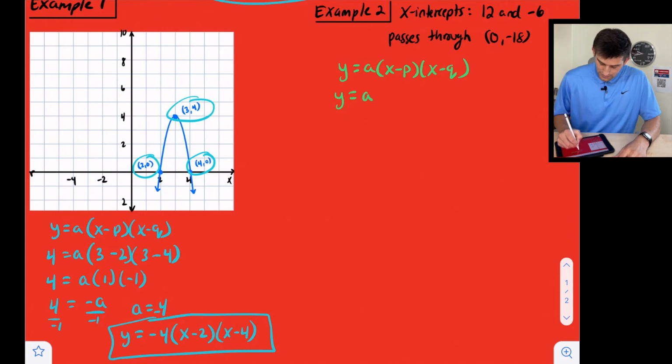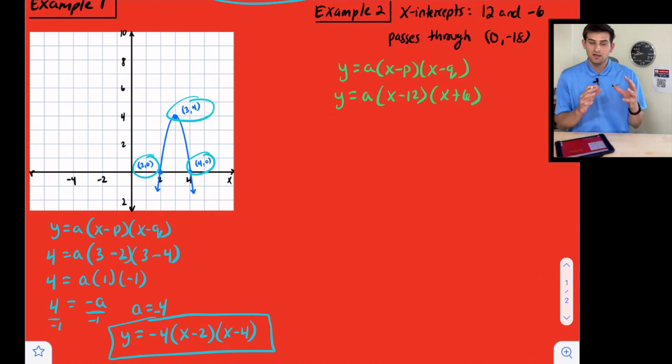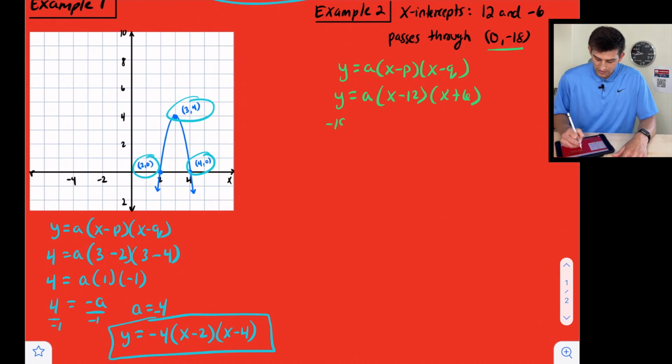So we have y equals a times x minus 12 times x plus 6, right? Notice how that would be x minus negative 6, so we plug in that negative 6 and it becomes positive 6. Okay, and now we can plug in our point for x and y. We're going to pass through (0, negative 18). So y is negative 18 and x is 0.